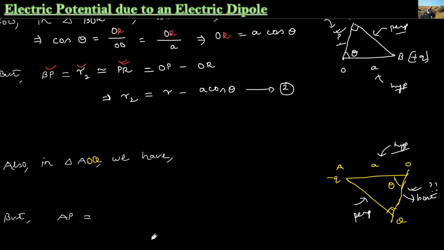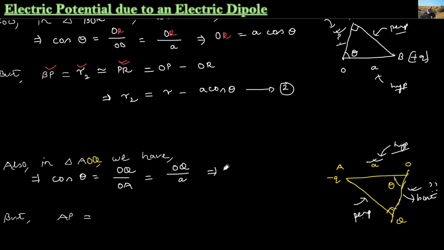Similarly, using the same analogy, over here we will find cos of theta. Cos of theta from this figure is OQ, because cos is base divided by hypotenuse. What is hypotenuse? Hypotenuse is OE. We want to find OQ, and what is OE? OE value is small a.